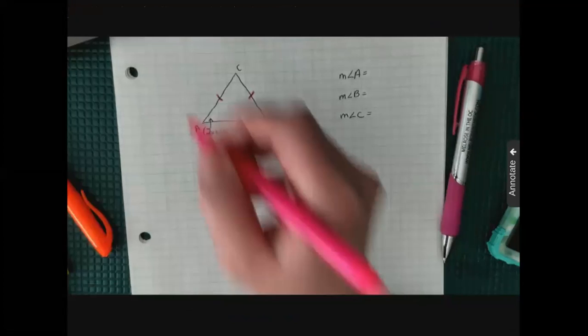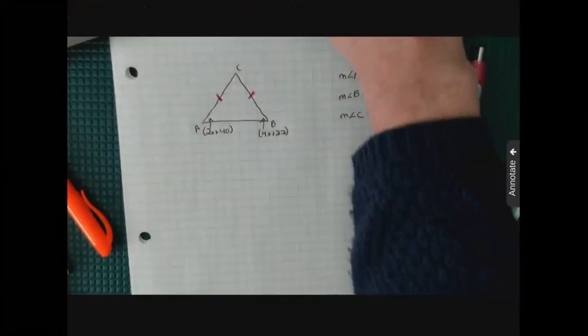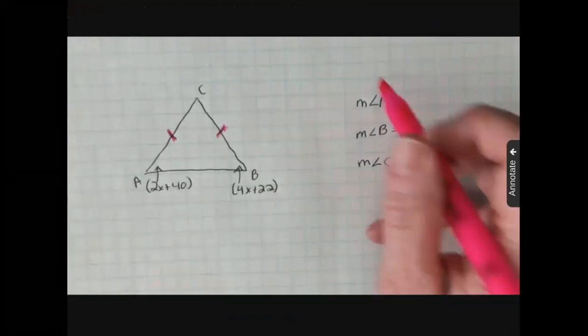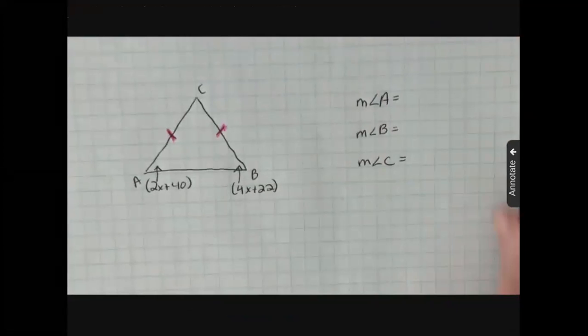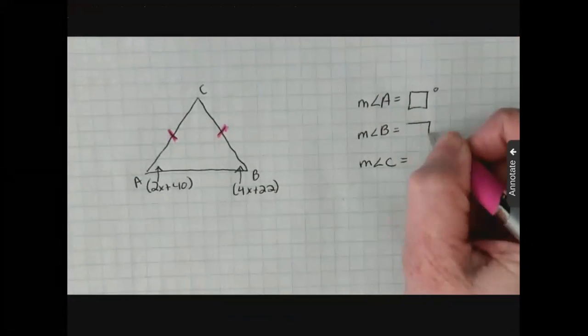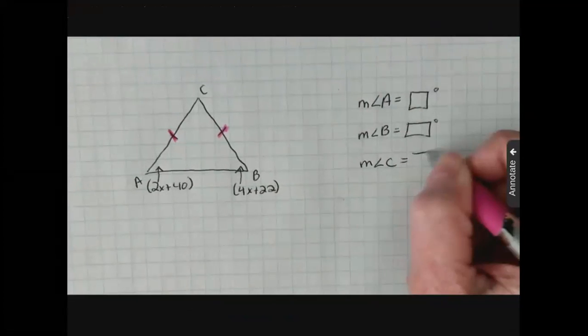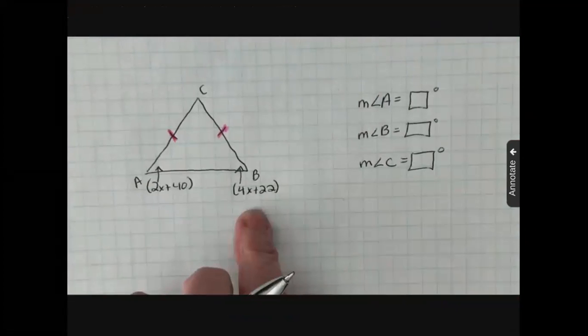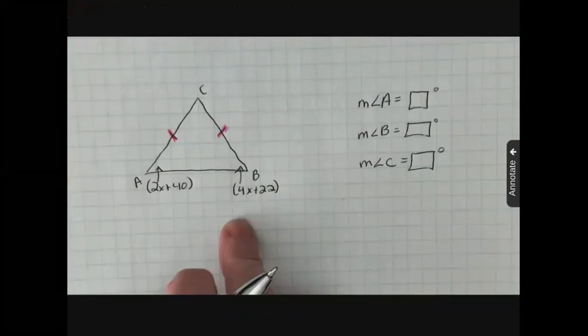Okay, thank you. It's showing you have 2 tick marks here, and it wants the measure of all angles. And each one has a box over here that you need to fill in. On your own piece of paper, you need to find out what these angles are.